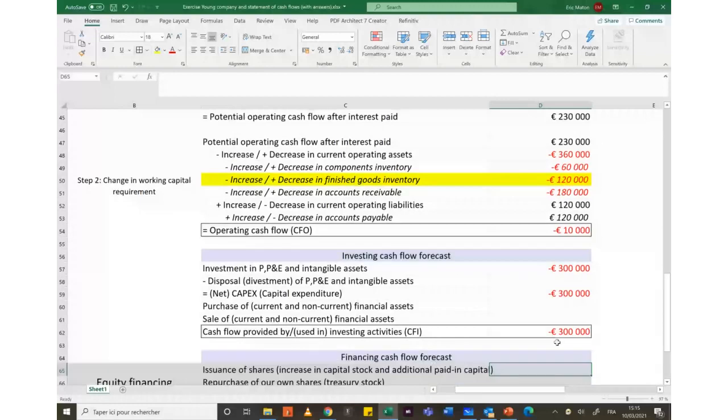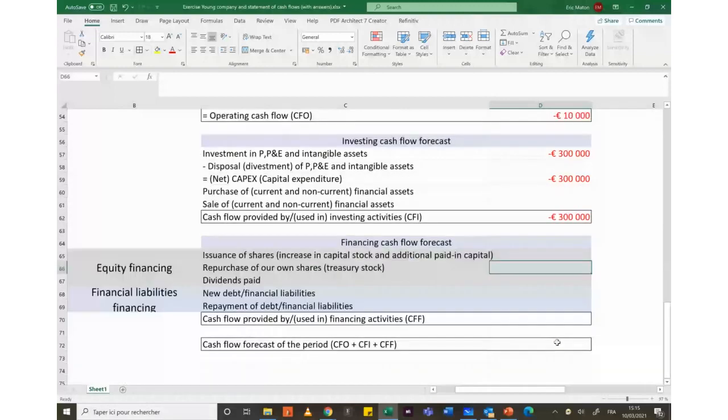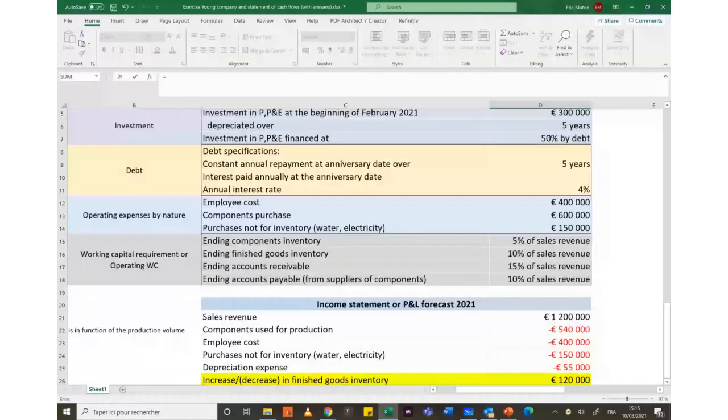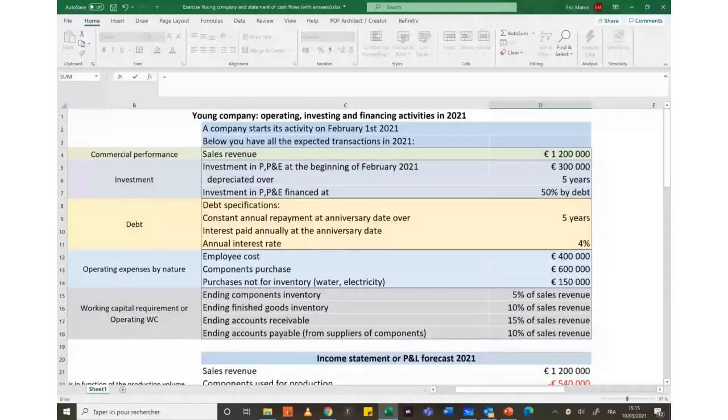In the financing activity, I separate the equity financing from the debt financing or financial liabilities financing. Issuance of shares here. We don't have information about the financing activity for the issuance of shares.